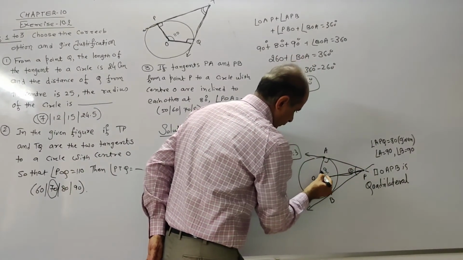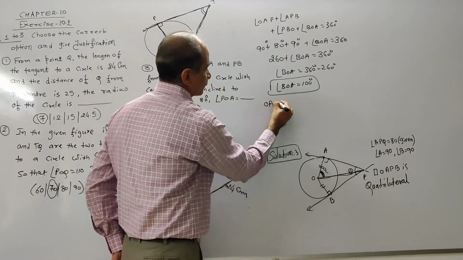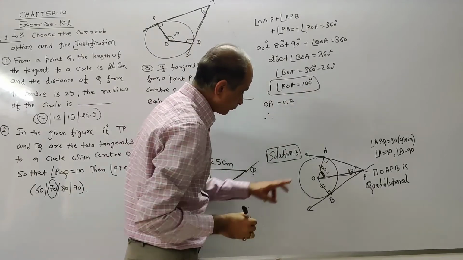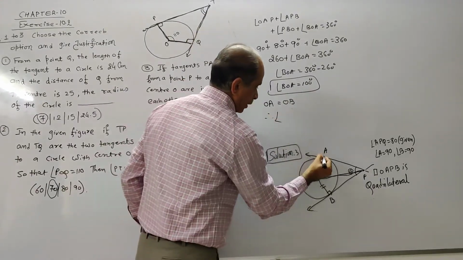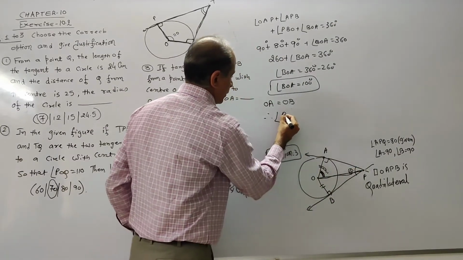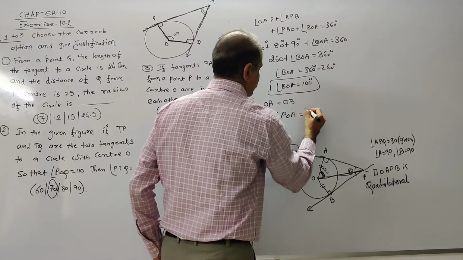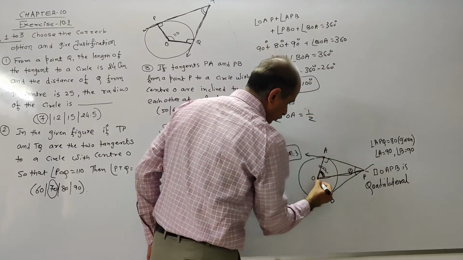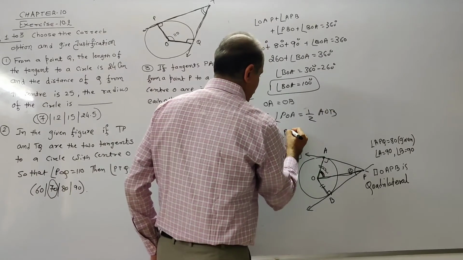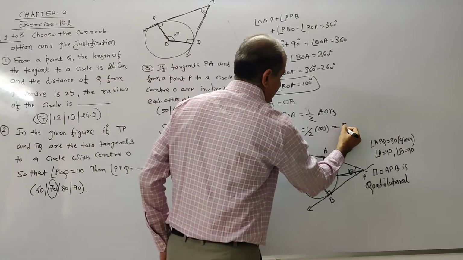Now you know these two sides are the same. Here OA is equal to OB. That's why angle POA is equal to half of this angle AOB. So angle POA is equal to half of 100, and that is 50 degrees.